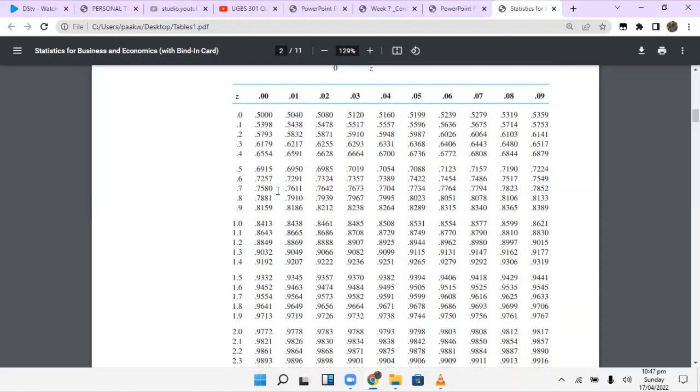So for instance, if you are looking for 0.52, this is 0.5, then you move on to find 0.02. 0.02 on the top, you see this one, 0.02. And where it meets with 0.5, that one is this one, 0.6985. That one will be your probability for 0.52.